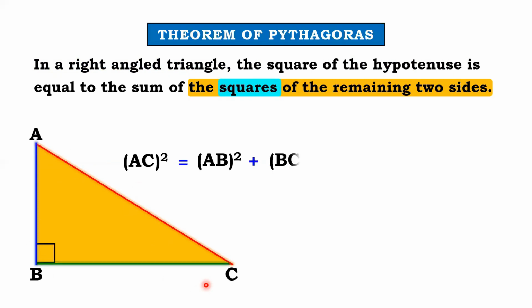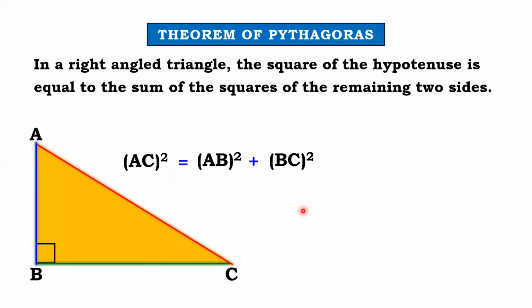And the second remaining side is BC, so BC square. This actual equation is called the theorem of Pythagoras. In a general way we say hypotenuse square is equal to side 1 square plus side 2 square. Is it clear? So this is the equation of Pythagoras theorem for any right angle triangle.